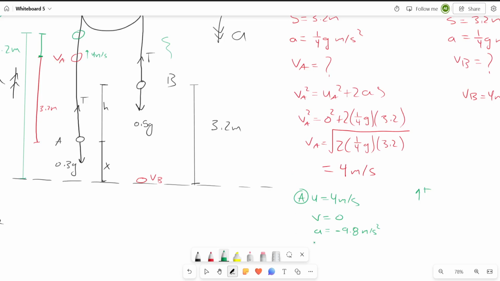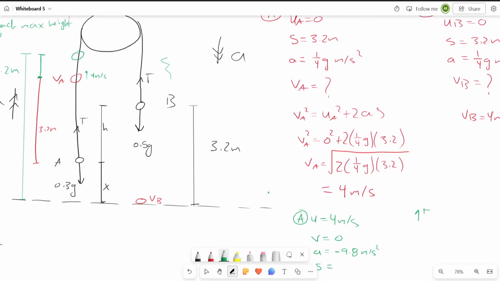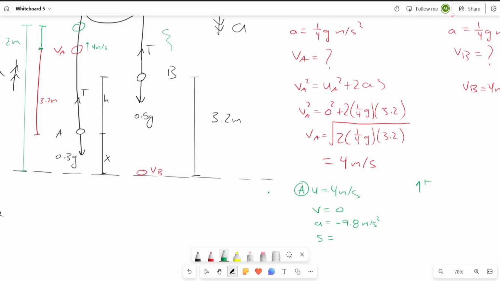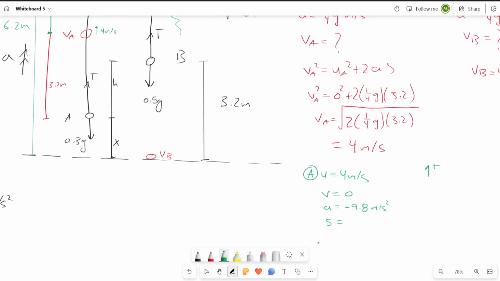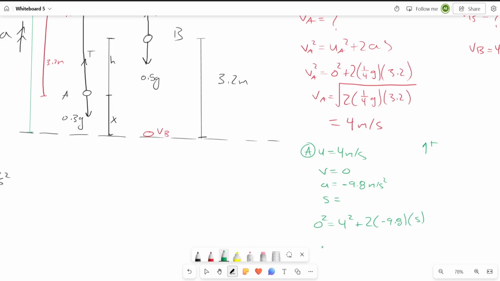And I want my S. I want to see how much A moved upwards. So what letter didn't I mention? Again, I didn't mention t, so I'm going to use the equation without t, which is v squared, so 0 squared equals u squared plus 2 times negative 9.8 times S. Solving for S, I'm going to move this to the other side.